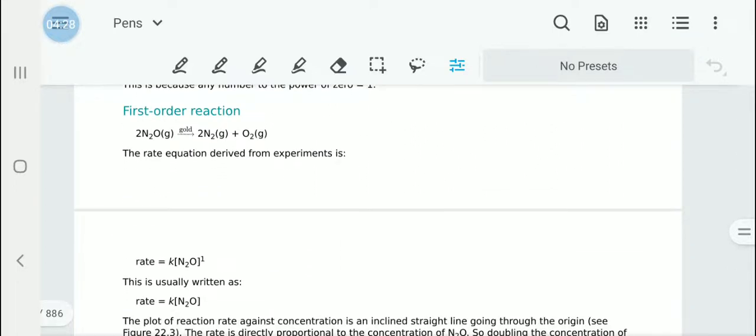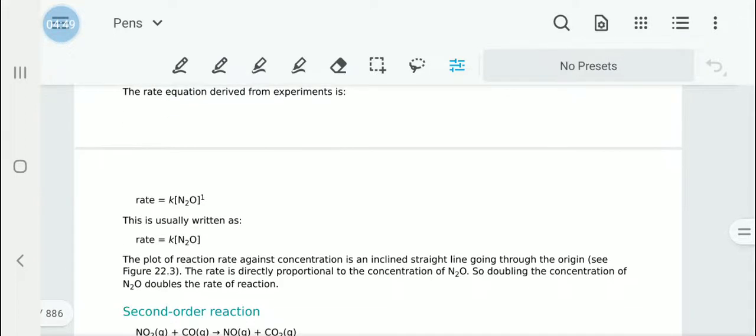Now for a first order reaction, you can take 2N2O, nitrous oxide, which when passed through gold turns into nitrogen and oxygen. The rate equation is rate equals k[N2O] to the power 1, which is written as itself.